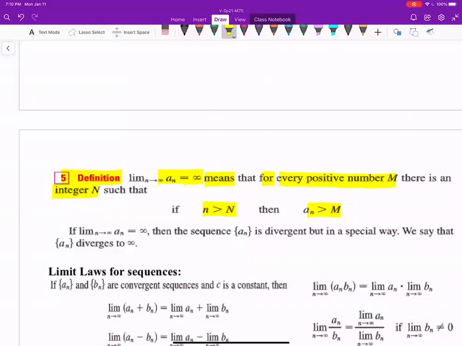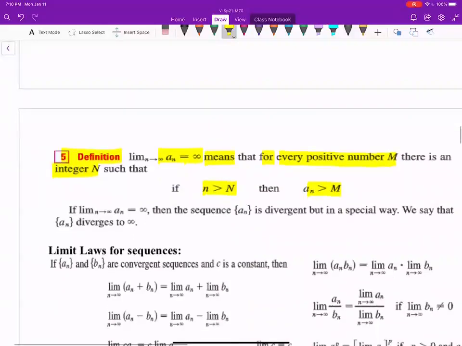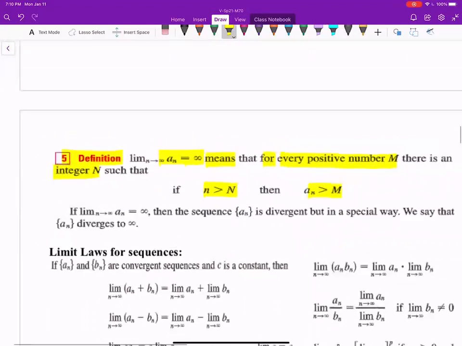It's a very large value. If the limit as n approaches infinity of a_n equals infinity, then the sequence a_n is said to be divergent, but in a special way. We say that the sequence a_n diverges to infinity.